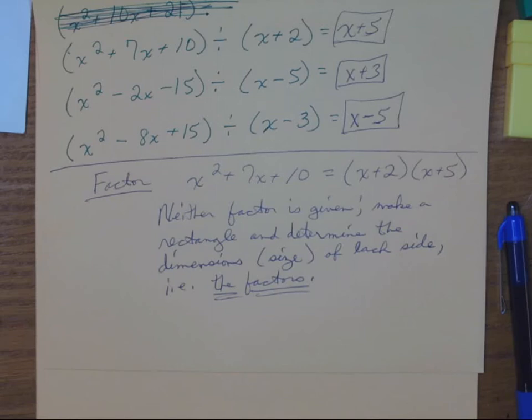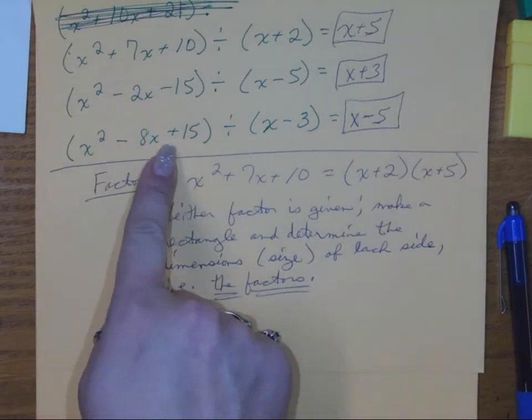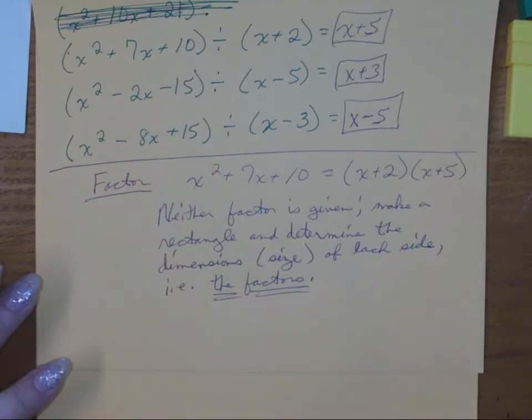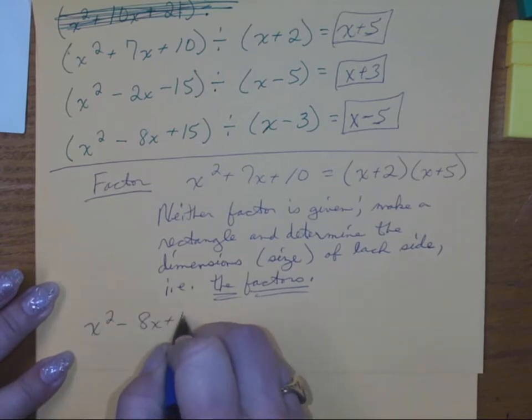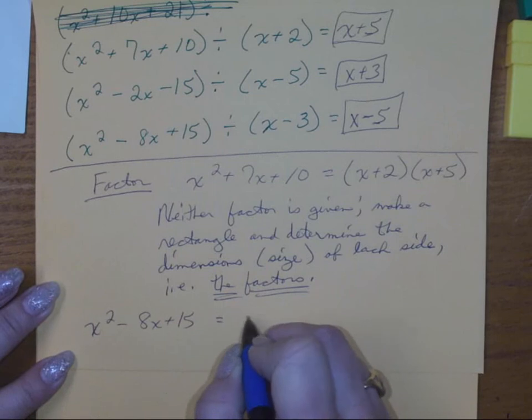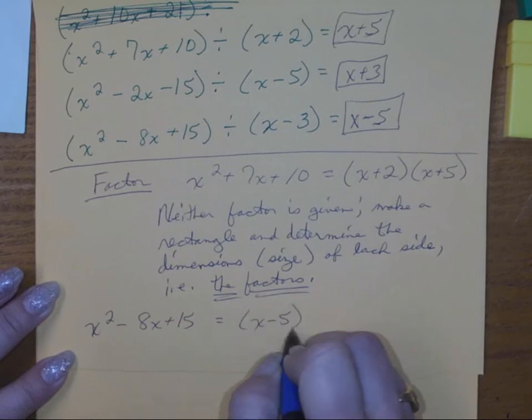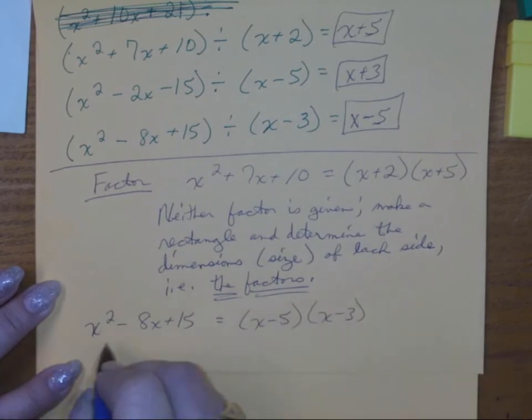So real quickly, just one more so that we can see what's happening here. Let's do this other one that we had worked out up here. X squared minus 8x plus 15. We already know the answer whenever we factor it. It's x minus 5 times x minus 3.